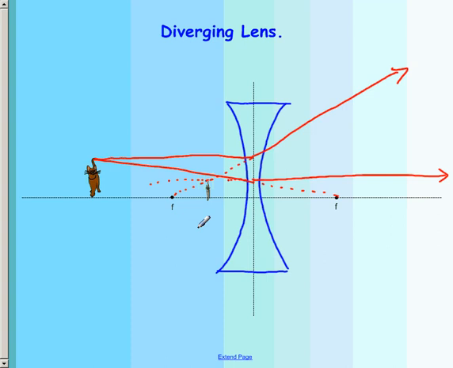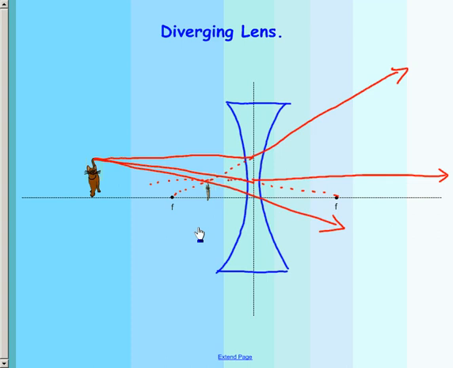So let's, ray number 3, through the center of the lens does not bend. So I'm going to take a ray right through the middle, and I got pretty close. So notice 2 of those rays are virtual because they're backwards, and one of the rays is real. Okay?